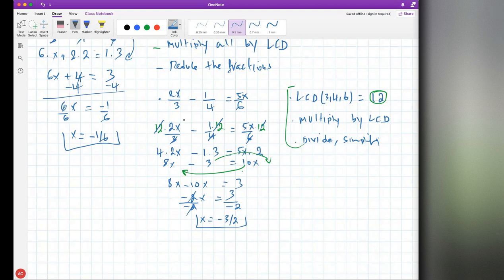There are probably 3 steps here, but I like to write all the details. But you may skip some steps. For example, you don't have to rewrite it. Sometimes I rewrite the equation, so I'll leave this clean. I could have multiplied right away instead of writing this line. I could have just said 12 by 3 is 4 times 2 is 8x, but you may skip a couple of steps.